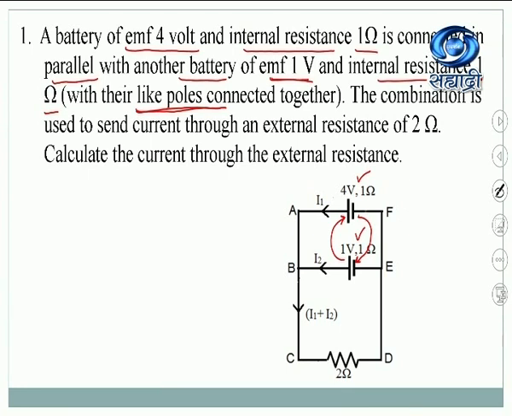Then what is next? The combination is used to send current through an external resistance of 2 ohm. That means these two are connected to this 2 ohm externally. And what is asked? Calculate the current through this external resistance, that is current through this 2 ohm.